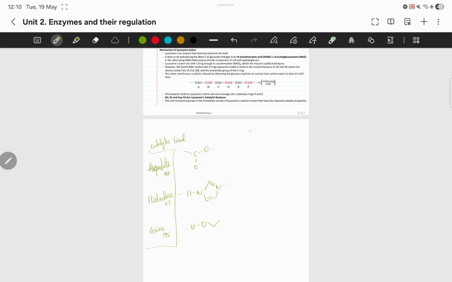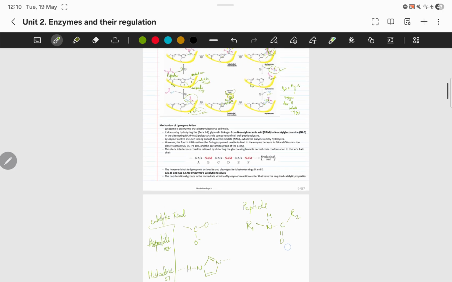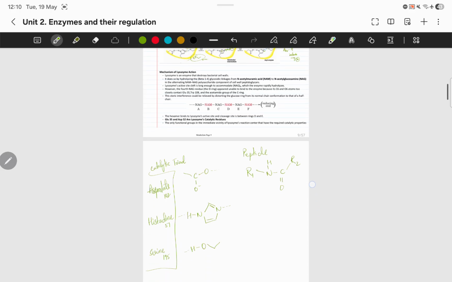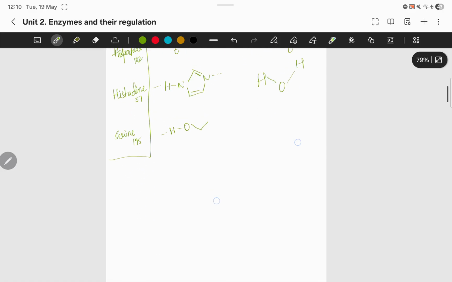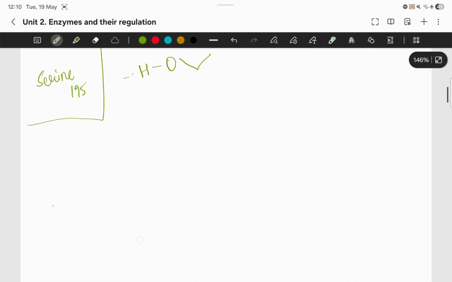Okay, now the side character or the peptide chain is R1 N H C double bond O R2, isn't it? Yeah, this is it. And one water will be coming. Okay, so let us start.